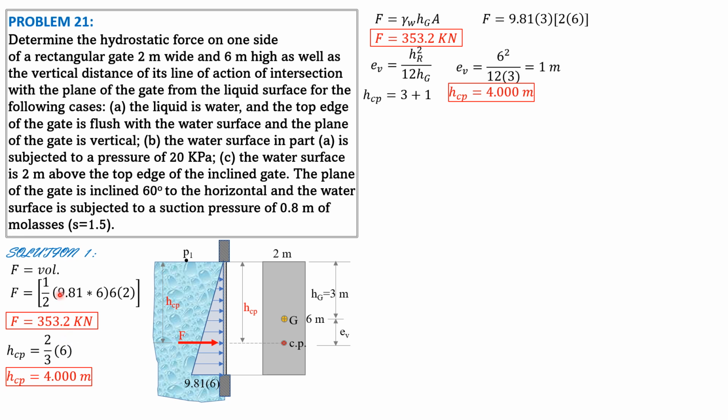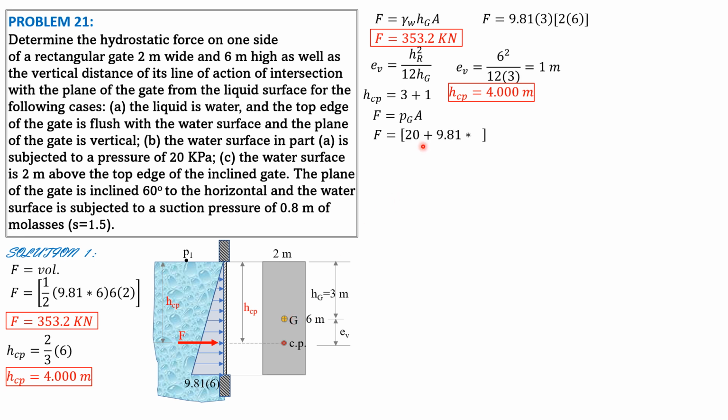But I'll use the pressure at the centroid times area instead. So P sub G times area, where P sub G is equal to P1 plus specific weight of water times 3 to reach this point G here.